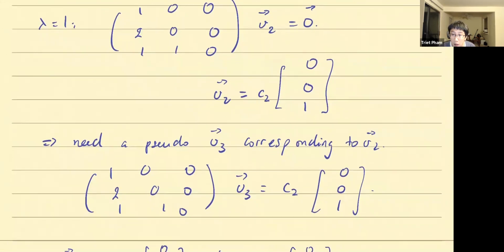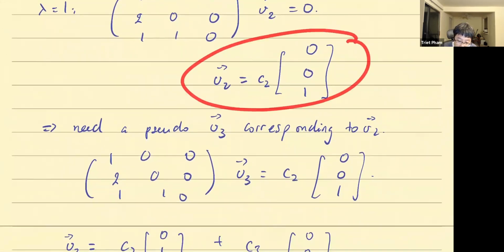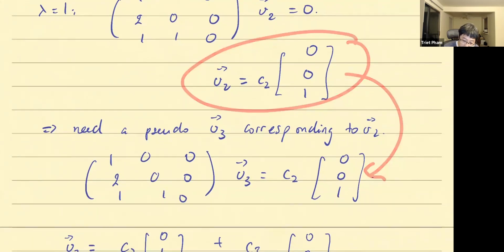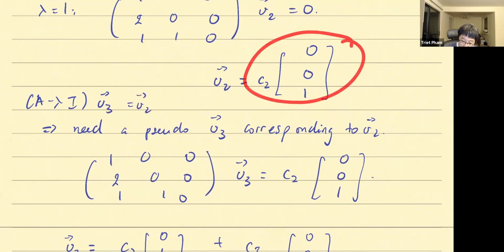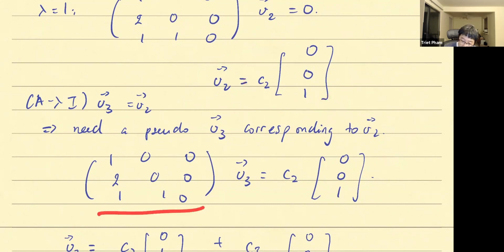And then I'll answer you, Daniel. Then you lift the C2 down here. Why? Because I need A minus lambda I times V3 to be V2. So that's why I need to lift the whole C2 structure down here. Then you just contemplate what solves this.